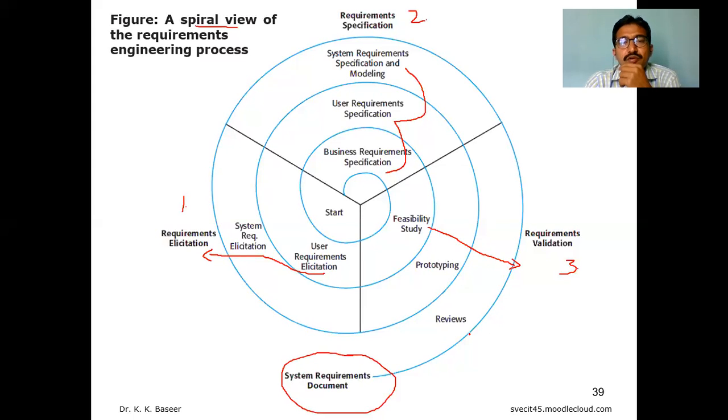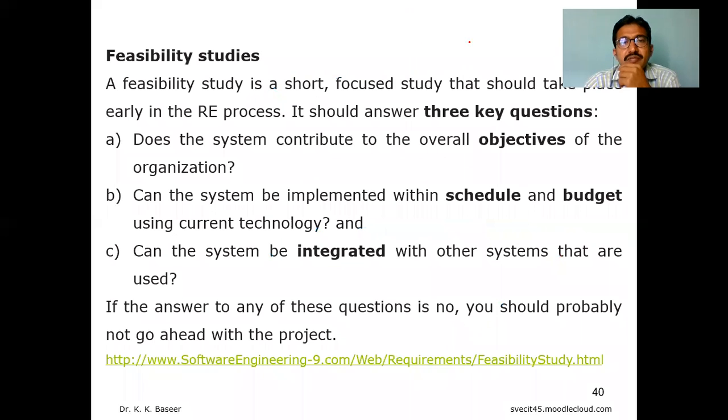If we talk about this in detail, coming to the feasibility study, it focuses mainly on the RE process, that is the requirement engineering process. It mainly answers three different questions. First, whether all the objectives defined by the customer are satisfied or not.